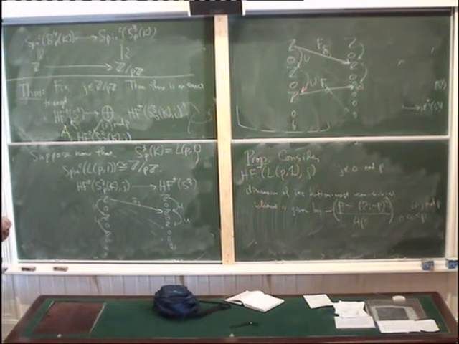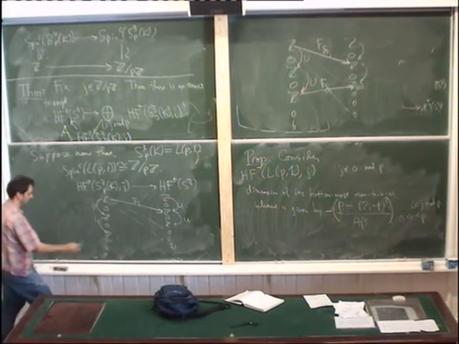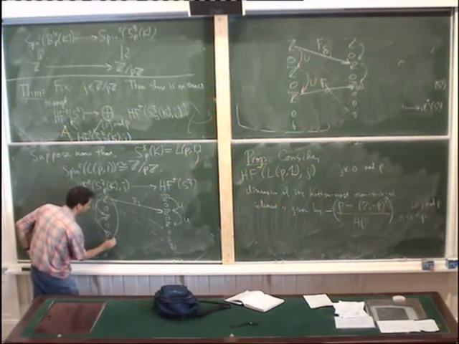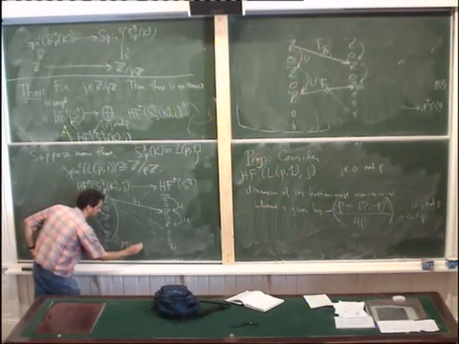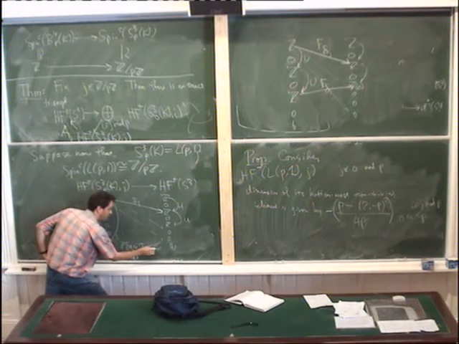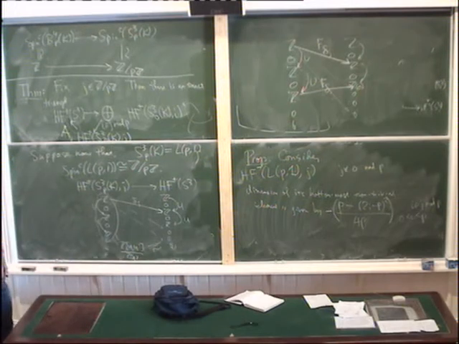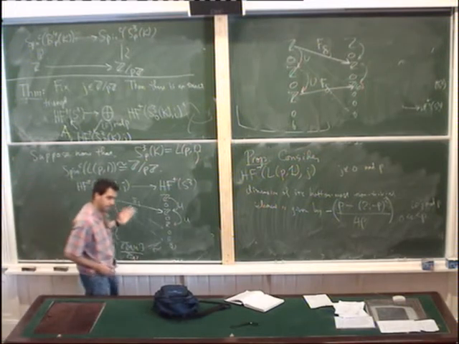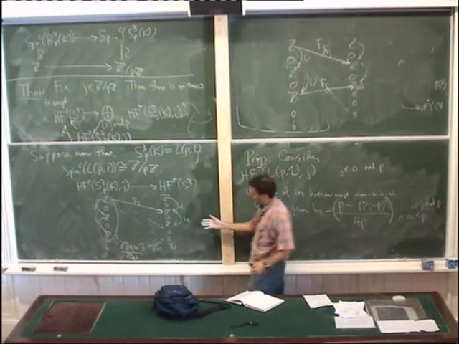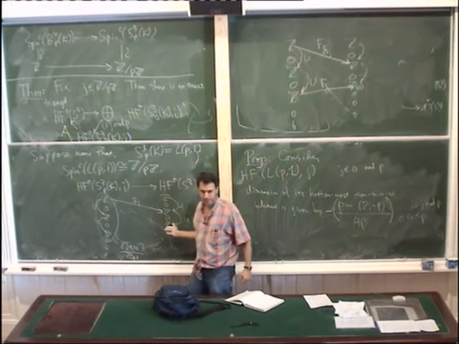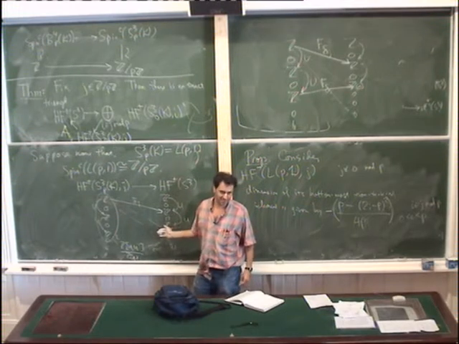And now it's an exercise that, as a Z of U module, this is isomorphic to Z of U, U inverse, modulo Z of U. And so is this. And here's an exercise. A map of this type must be surjective, at least if we work over a field.